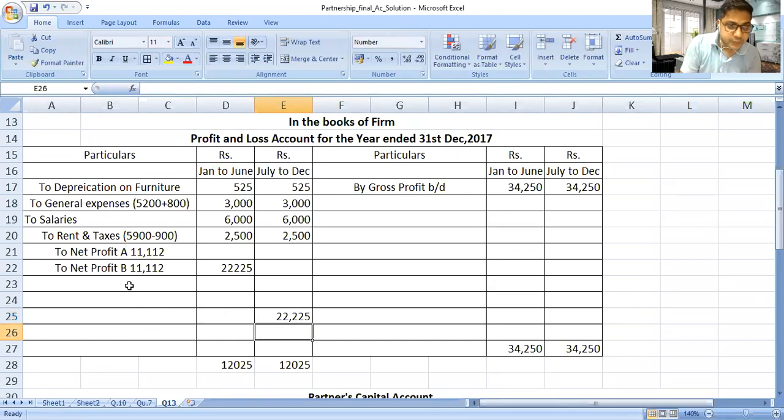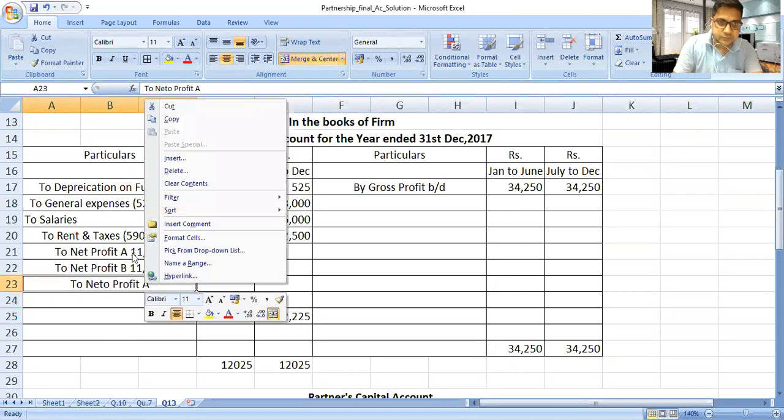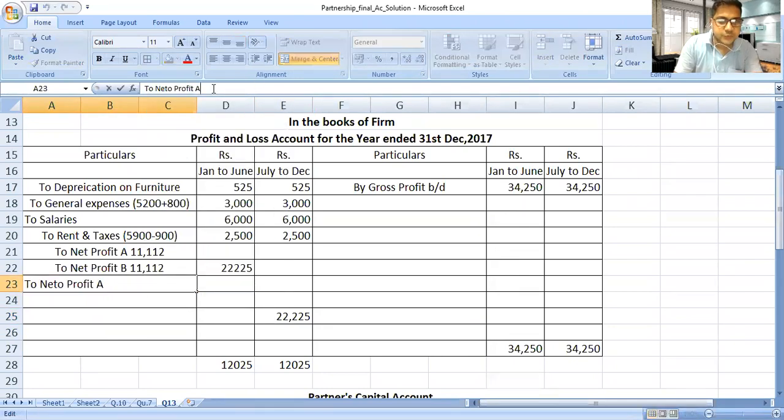Now we will distribute this net profit. It is equally distributed.